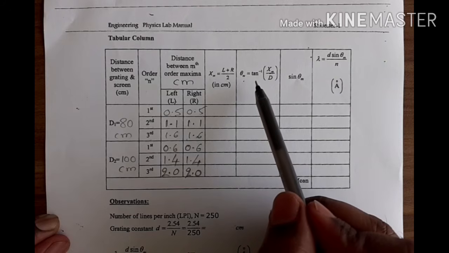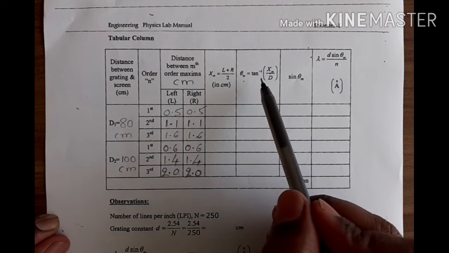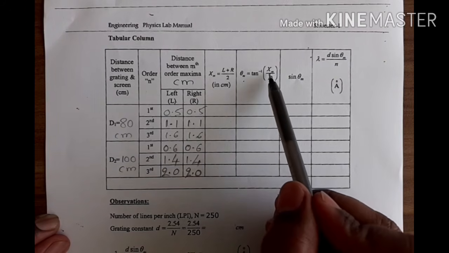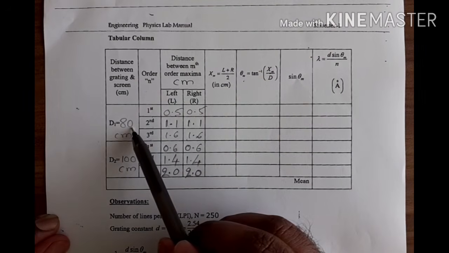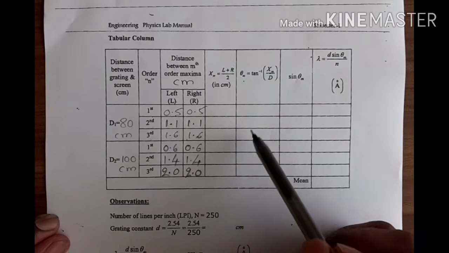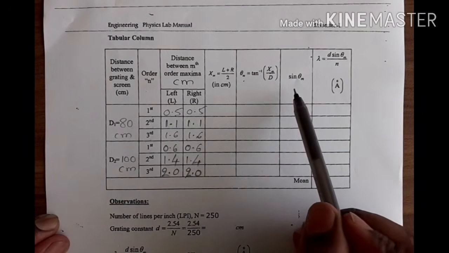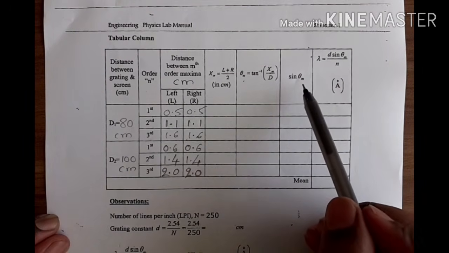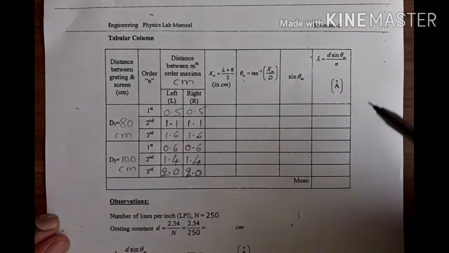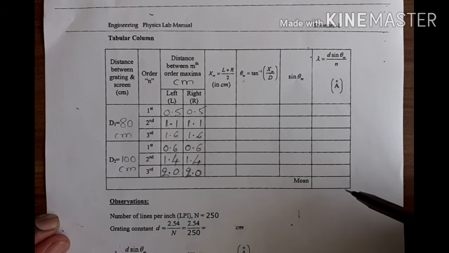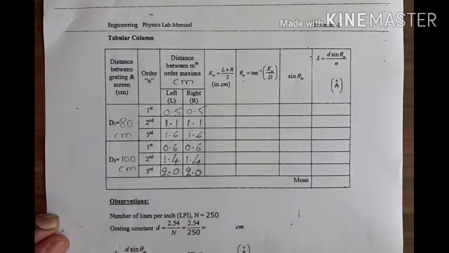Then theta m is tan inverse of xm divided by d, where xm is this value and d is this value, and we should calculate that. When I take sine theta and substitute the value in lambda, I am going to get the readings over here. The mean will be the final answer, that is the wavelength of the light.